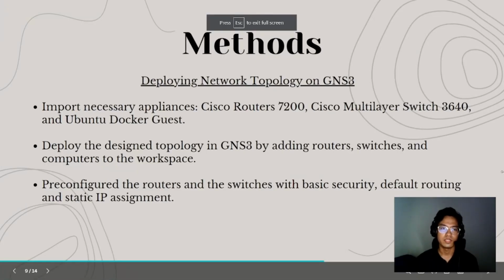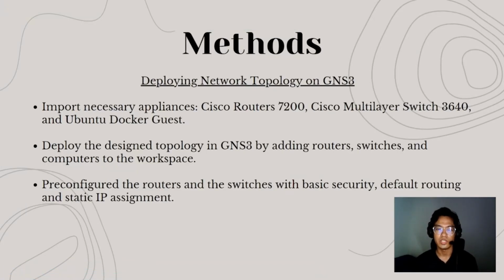The second method is deploying the network topology on GNS3. In this method, there are several necessary appliances for the network topology, which consist of Cisco router 7200, Cisco multi-layer switch 3640, and Ubuntu Docker Guest. These appliances are downloaded and imported from the GNS3 Marketplace, as they are not pre-installed by default.